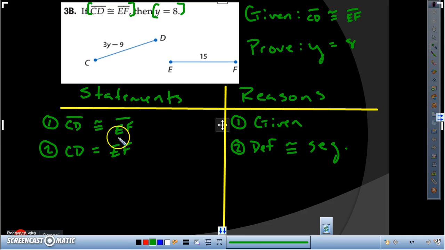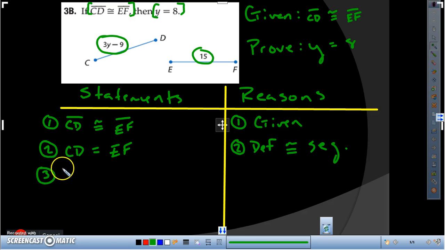So now that I know, and this is the same thing as before where I went from congruence to equality, what I'm saying with the equal sign is that the measure of this segment is equal to the measure of this segment. Well, I have some expressions to represent the measures of those segments.